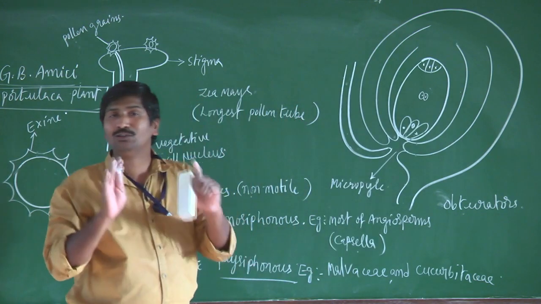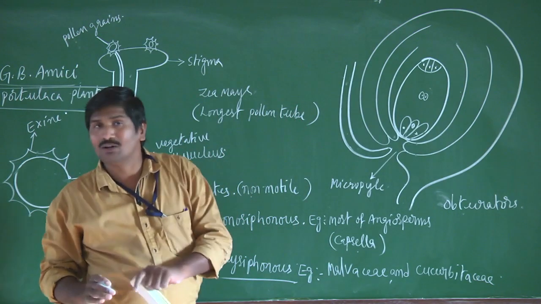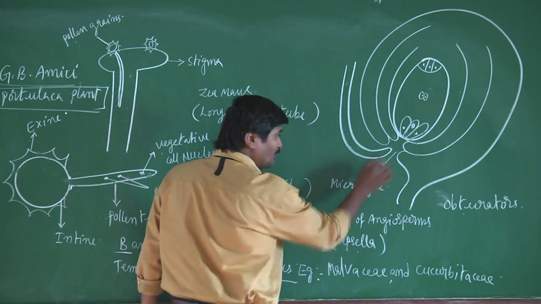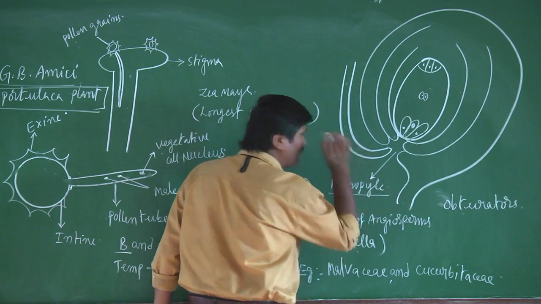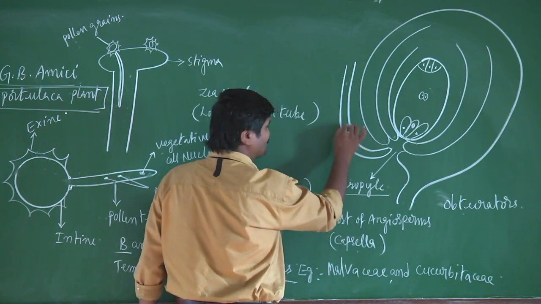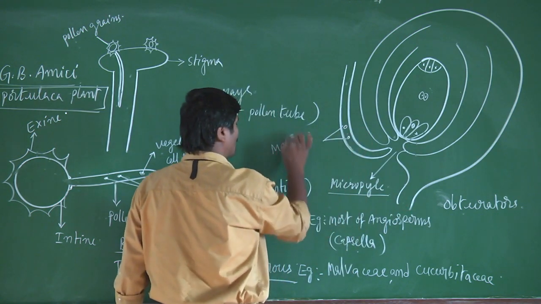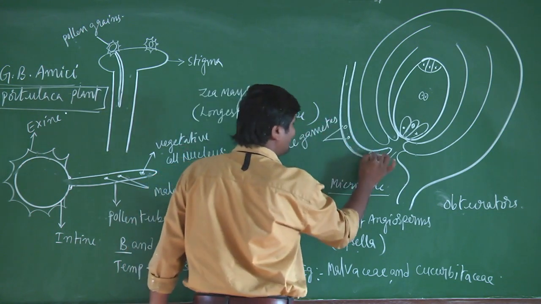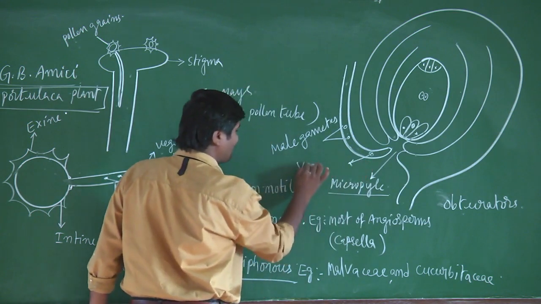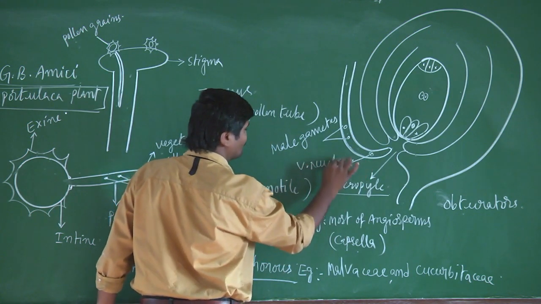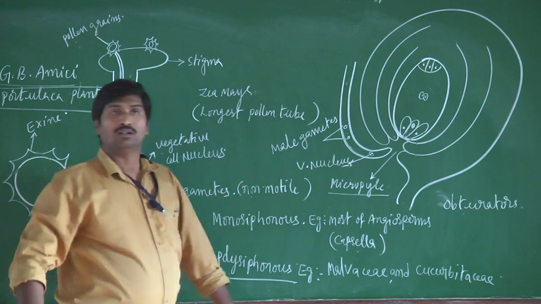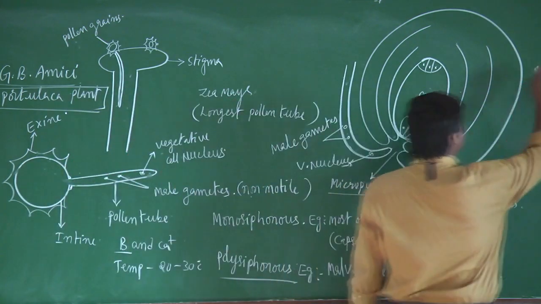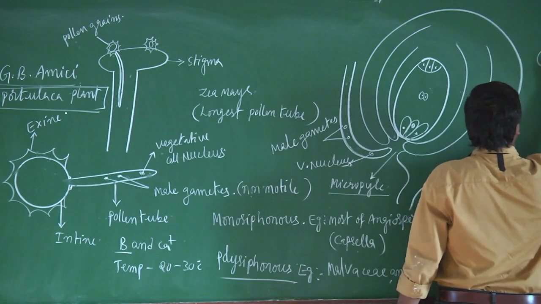It is followed by a total of 3 methods. One is the pollen tube entering the ovule through the micropyle. This is the male gametes. This is the vegetative nucleus. So that is the first one, porogamy.